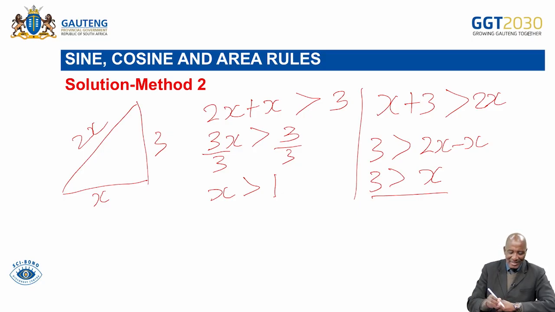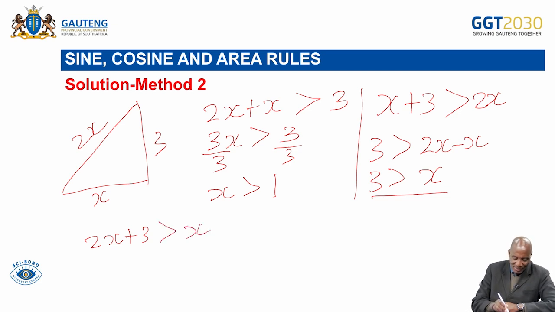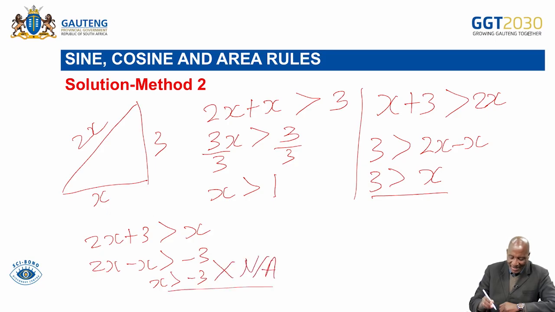In other words, if I say 2x plus 3 is greater than x, what does this mean? It means 2x minus x is greater than negative 3. Therefore, x is greater than negative 3. This is going to be not applicable. Why? Because x can't be a negative.